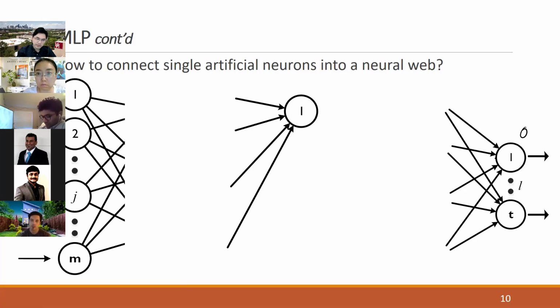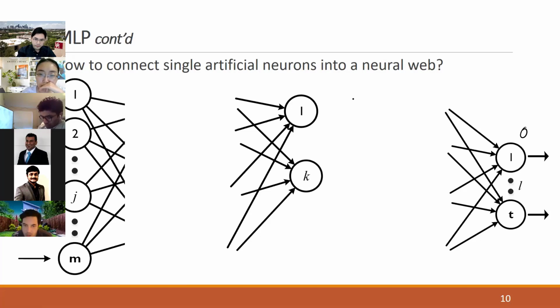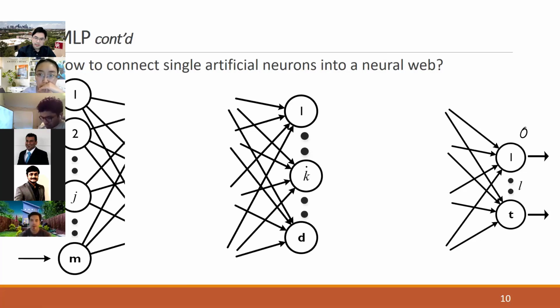So there's no fundamental differences, just because of the change of location. But here, instead of having 1, I can have multiple of these. Each of these work in the same mechanism as the output unit before, in terms of logistic regression. I can have multiple, I can have even more. I use the K to index the positions, and D would be the number of units here in a hidden.